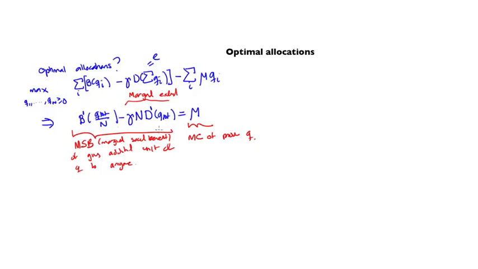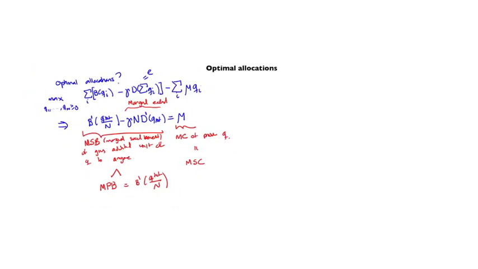And therefore, the marginal social benefit in this case is less than the marginal private benefit, which is just equal to the B prime of Q total divided by N. Notice that in this simple example, the marginal social cost is equal to this marginal cost of production. There is no externality on the production side, therefore the two things are the same. In this simple case, the optimal allocation has a very nice graphical representation.